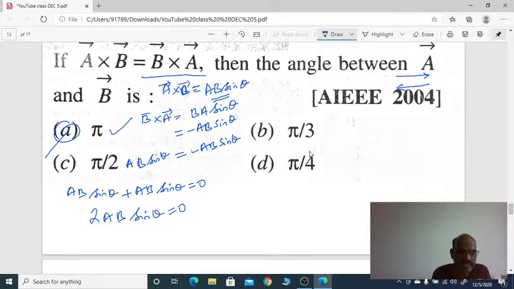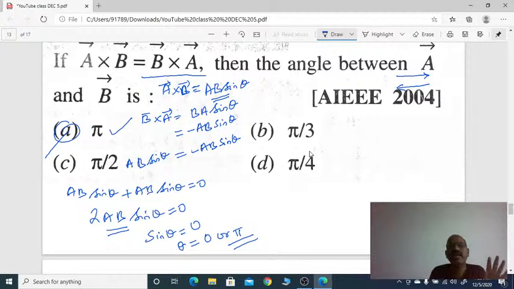What is the meaning here? Since A and B are not 0, sin theta equals 0, then theta should be 0 or pi. So the first option is the correct one.